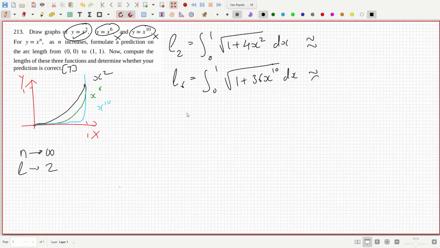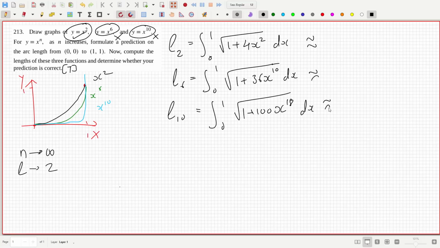And then L10 is 0 to 1 root 1 plus 100 x to the power 9 squared, 18.